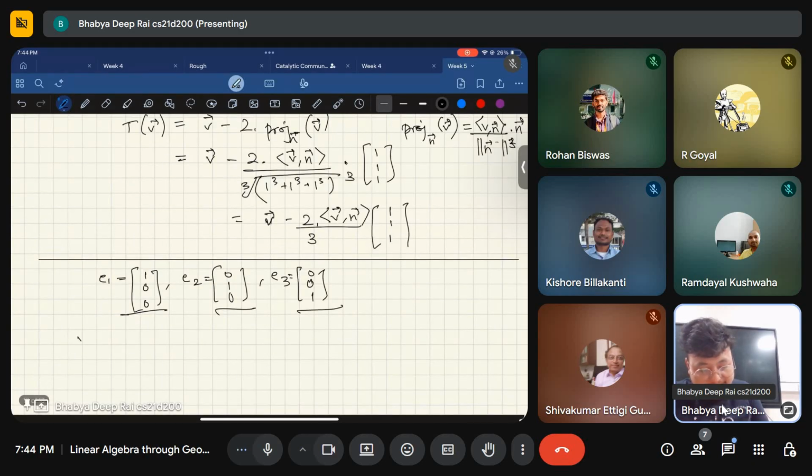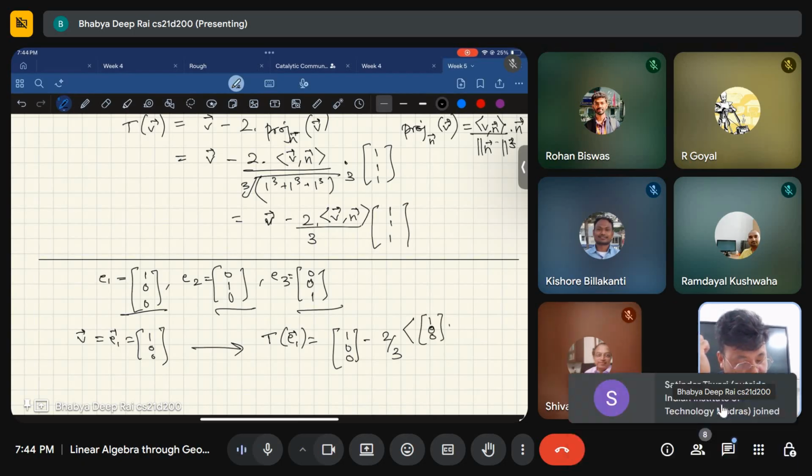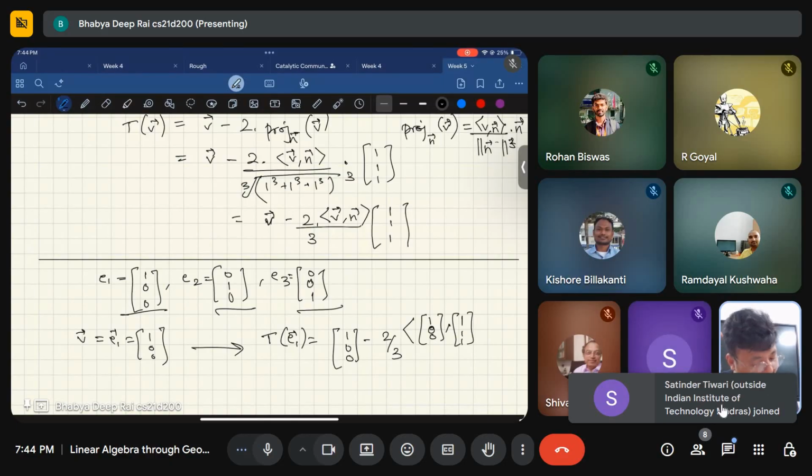Okay, just say your vector V is equal to E1, which is equal to 1, 0, 0. Just substitute it in. Then T of E1 is equal to V, which is 1, 0, 0, minus 2 by 3 times the inner product of V and N. So the inner product of E1 with the normal of the plane, which is nothing but 1, 1, 1, times 1, 1, 1.